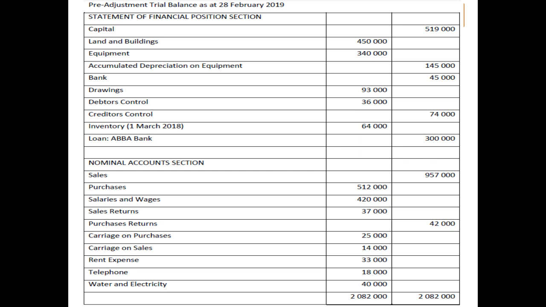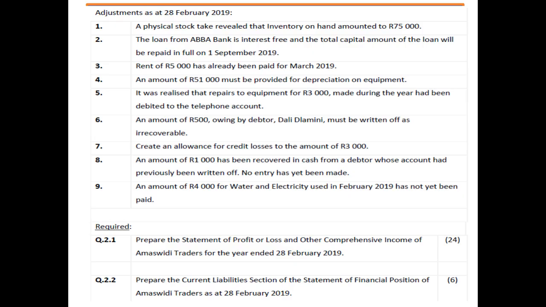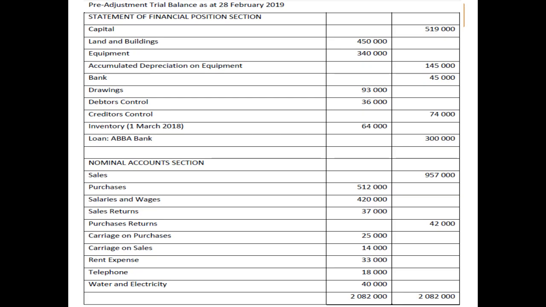I think when it comes to this, it's the other way around. In this case, can you look at the financial statements? Let's look at the trial balance. Can you see here they did not give us cost of sales?